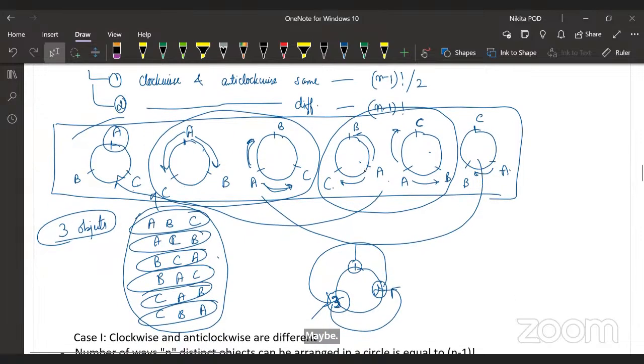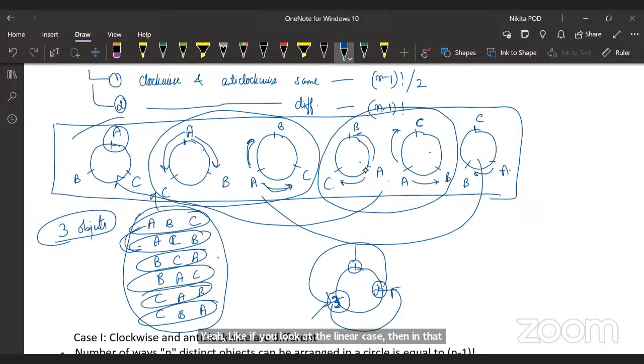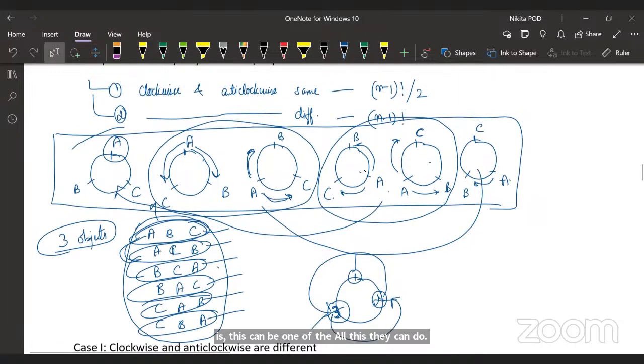If you look at the linear case, it makes sense that this can be one arrangement, ABC, ACB, all this we can do. But when you're talking about a circular fashion, we want to see the total number of arrangements that can be possible on a table, because we are not really interested in the exact numbers, like position 1, 2, and 3 here.